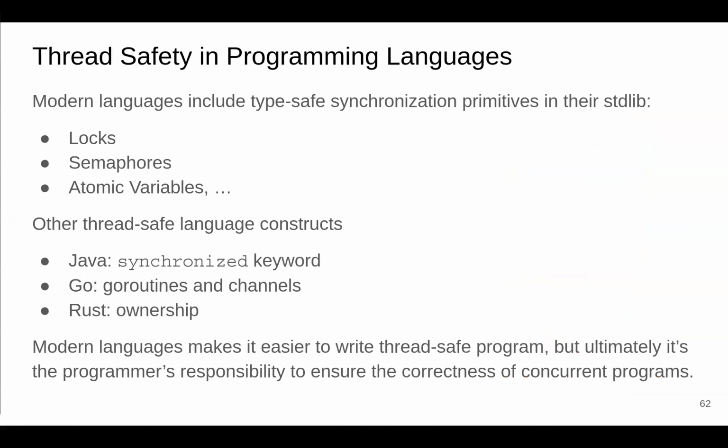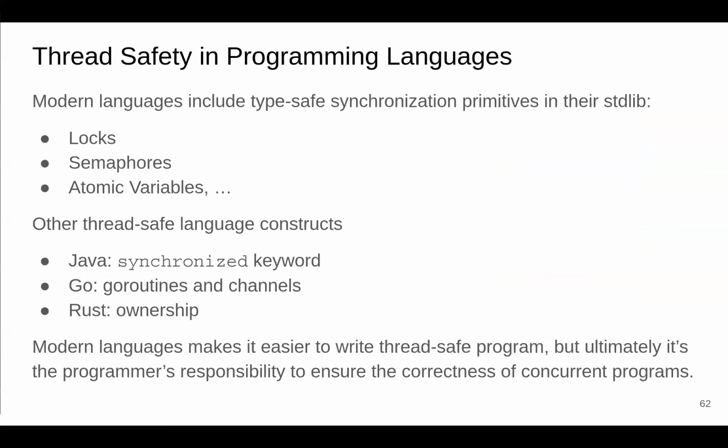So, thread safety in programming languages: modern languages include type-safe synchronization primitives, such as locks, semaphores, atomic variables, and whatnot, and thread-safe language constructs. In Java, we have the synchronized keyword, which means that only one thread at a time can execute the method on an object.